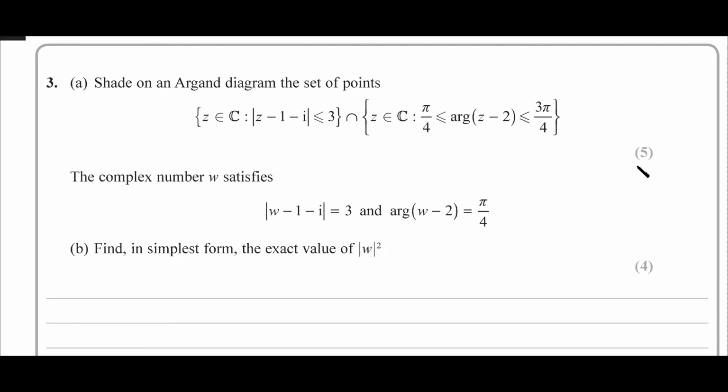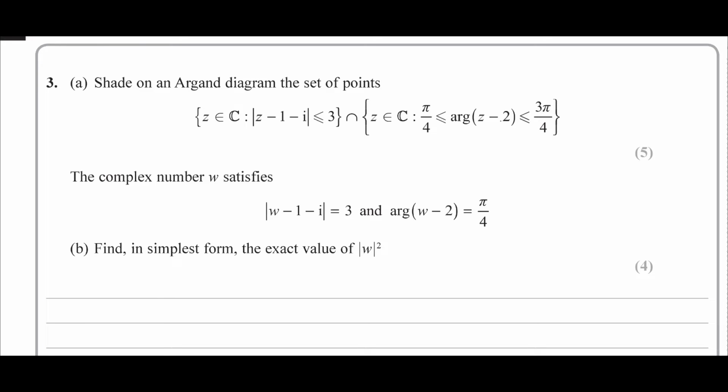Question 3, part A. We have to shade on an Argand diagram the set of points where mod of z minus 1 minus i is less than or equal to 3 and the argument of z minus 2 is greater or equal to pi over 4 but less than or equal to 3 pi over 4.